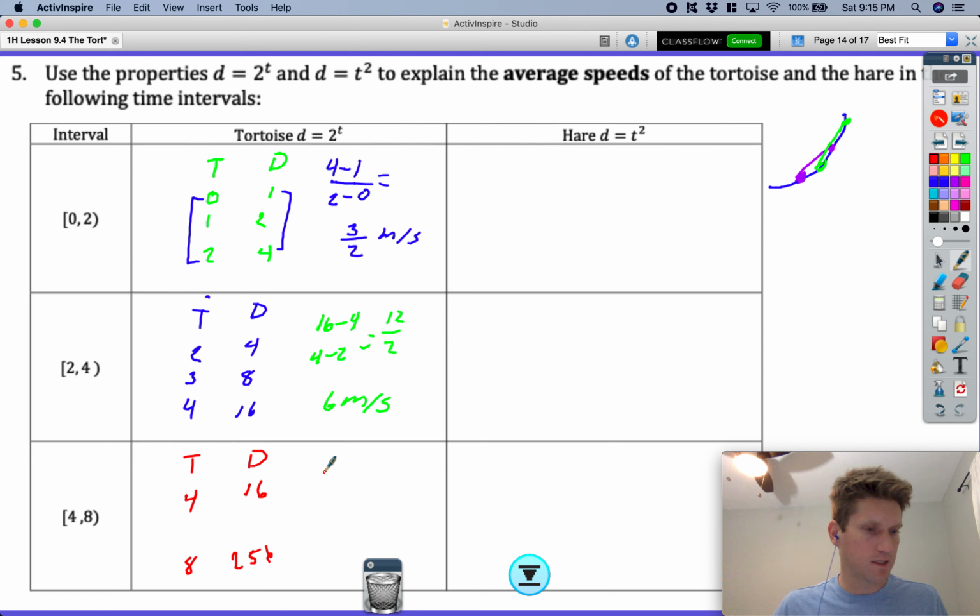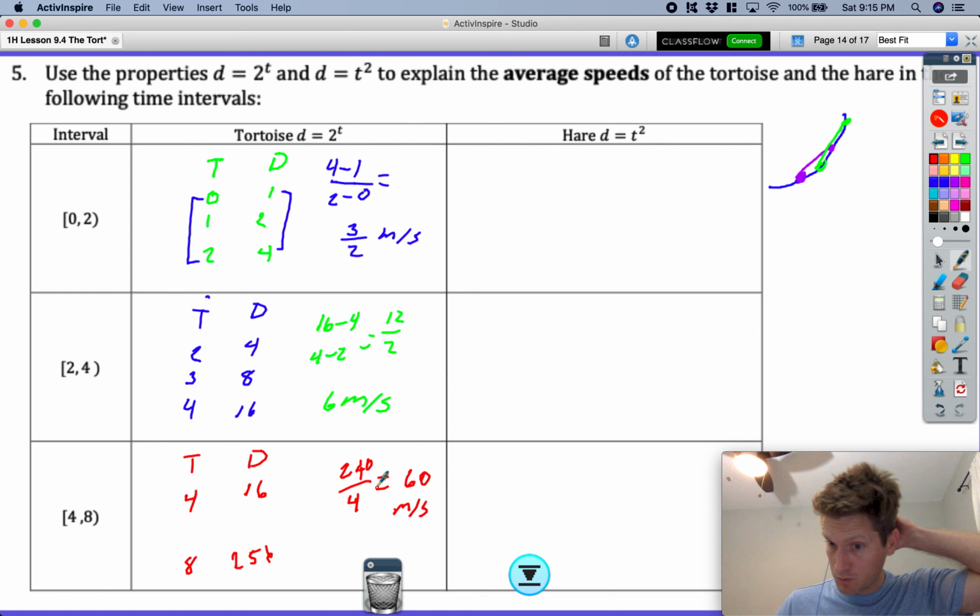Now when I subtract, I have 256 minus 16, which is 240 over 4, which gives me 60 meters per second. So you can see it's going much faster in that interval. And remember, anything after 4 meters, the tortoise was going way faster.